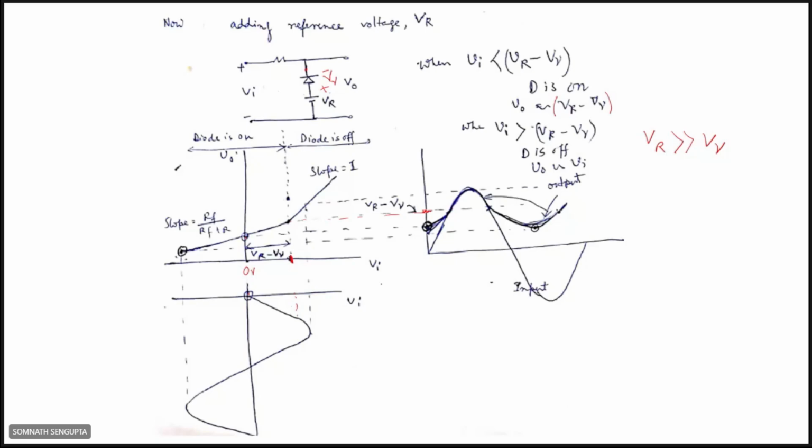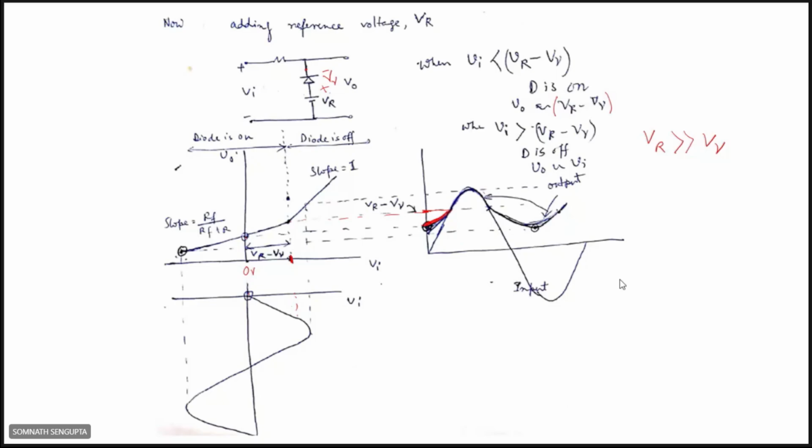After that, the diode will be off, so the output will appear at the input. Before that, there is attenuation: as the diode resistance changes, the voltage across the diode, or output voltage, changes. So this is one example.